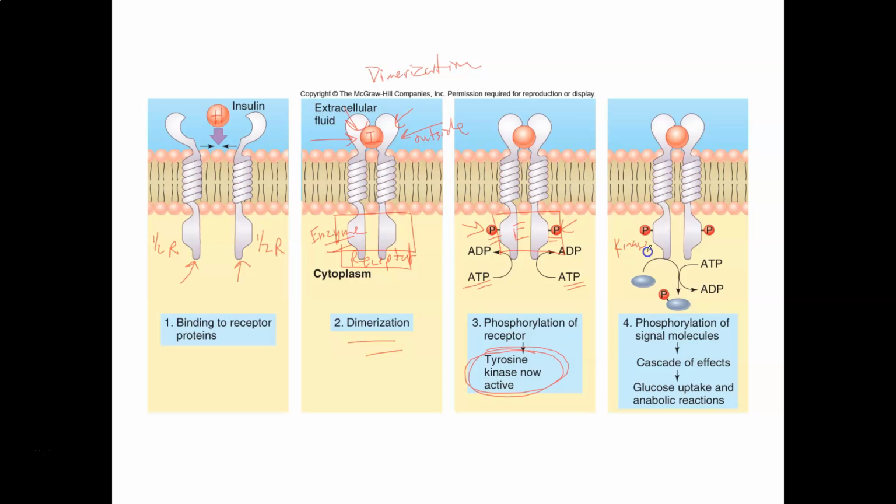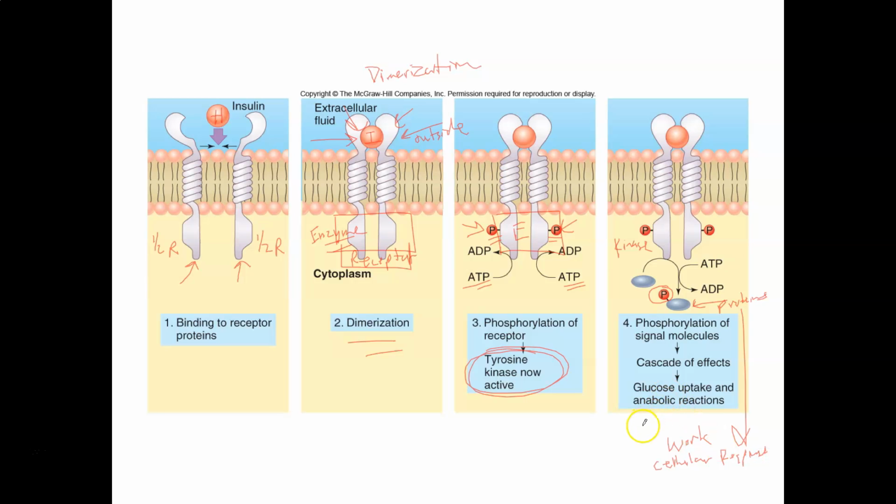And we know that kinases are going to be adding phosphates. So here we have adding a phosphate to other proteins within the cell. So we're going to add phosphates to other proteins, and we know that those proteins are going to go on to do work, right? They're going to go on to do the cellular response.